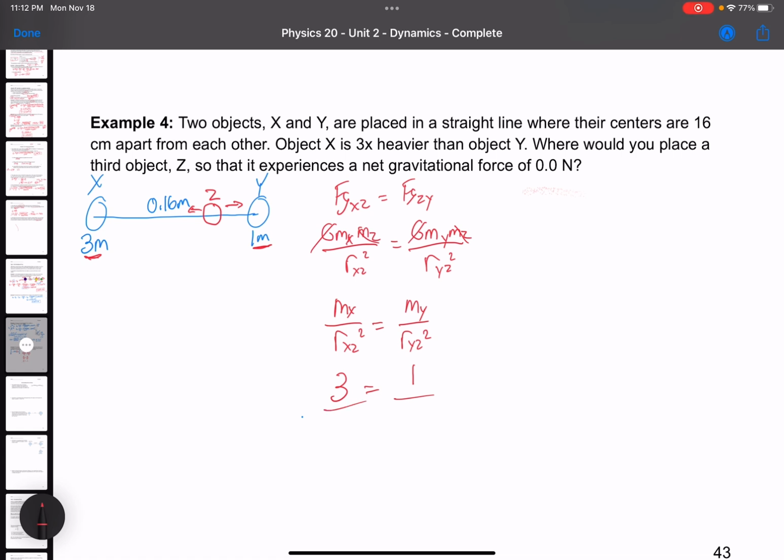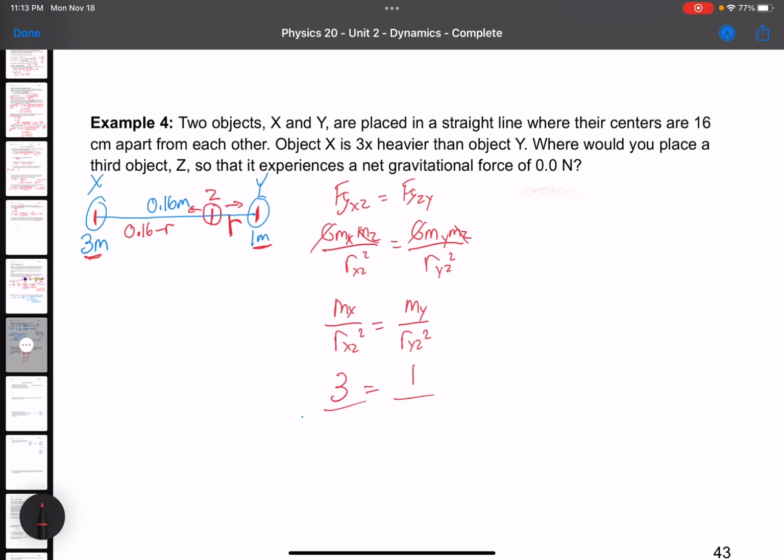Now here's the problem. We have two unknown variables that are different from each other. So we have the radius between x and z, the radius between y and z. That makes them a little bit difficult to solve for. But if we go up here, we can use a little bit of fancier, kind of linear geometry. So if from the center to the center is 0.16, and I call from z to y, r, then that makes this side over here 0.16 minus r.